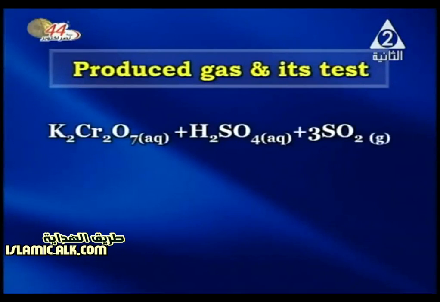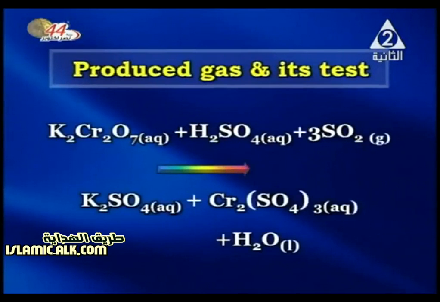Here, my dear student, the equation of the reaction of potassium dichromate with sulfur dioxide is shown on the screen. K2Cr2O7 acidified by sulfuric acid H2SO4 plus sulfur dioxide gas. Here the reaction gives potassium sulfate and chromium sulfate, and water is produced.